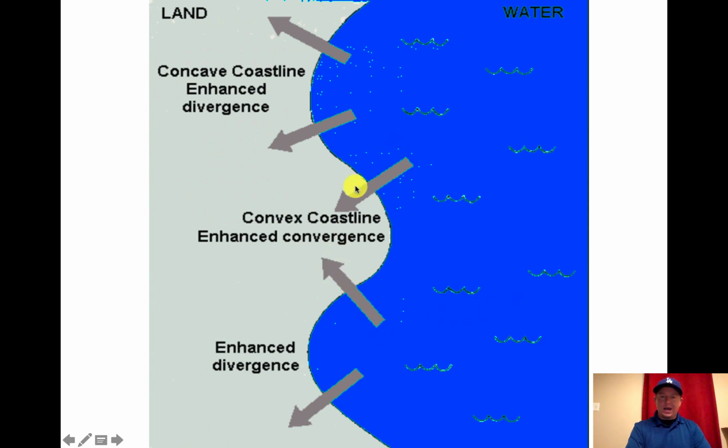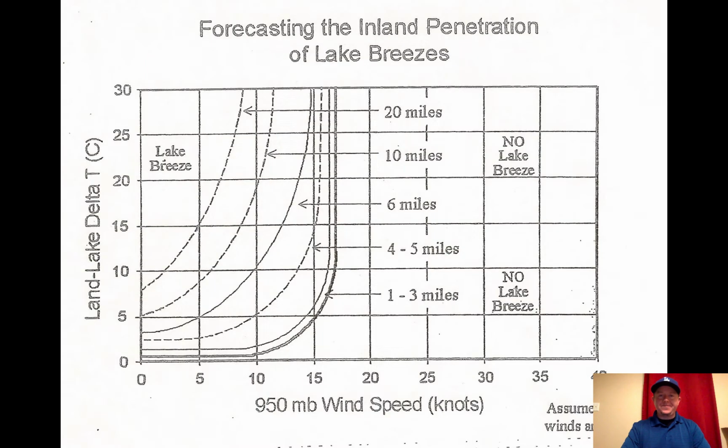You can see why, if the sea breeze is coming in a convex angle, that they will probably more likely collide and enhance the convergence and the convection chances. Again, it doesn't mean you can't get rain here, but you see either moving away from each other, less chance for convergence. So you're going to get enhanced divergence here and an enhanced convergence here. All right, so just another cool little tip with that.